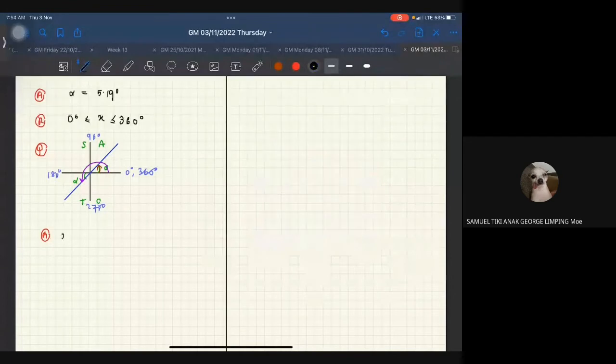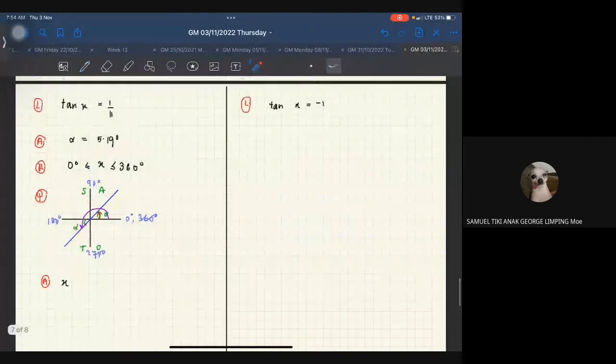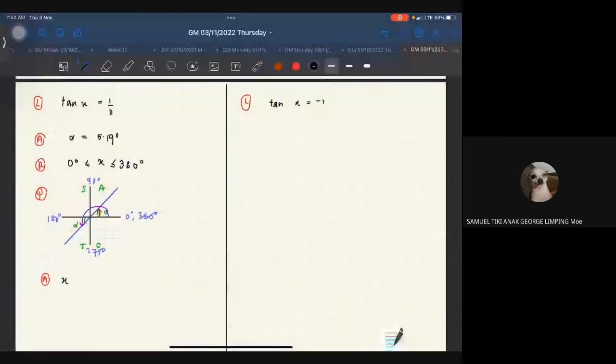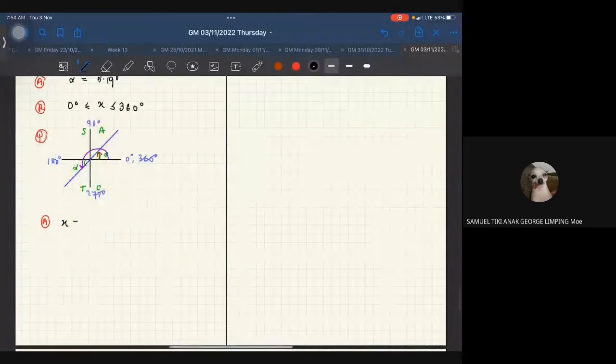Okay, subject kita akan follow dekat sini dan dekat sini, benda yang sama. So saya tulis subject saya sebagai X. So X is equals to, okay, so untuk yang brown tu dekat kuadran pertama, so alpha is gonna be just equals to X. Terus dapat. So X akan jadi sama dengan alpha tadi berapa? 5.19. Apa saya rasa macam pelik je jawapan ni.